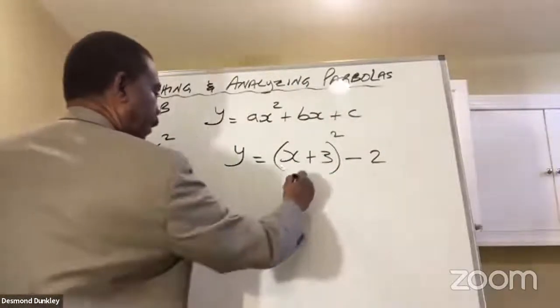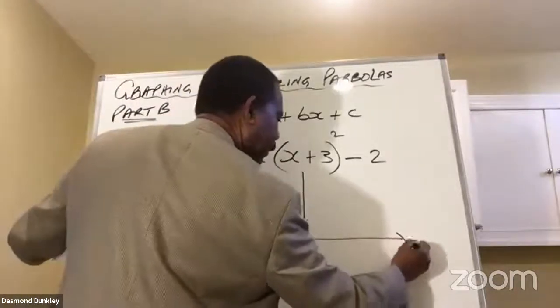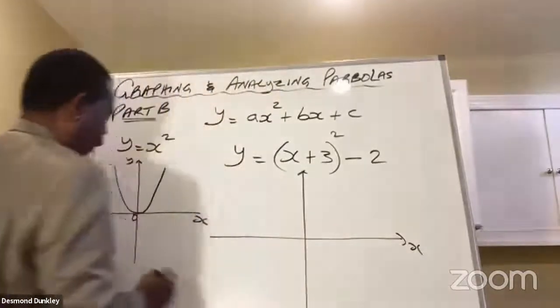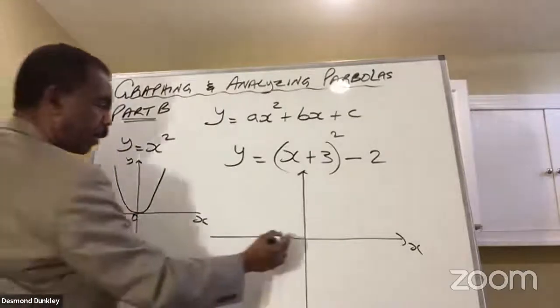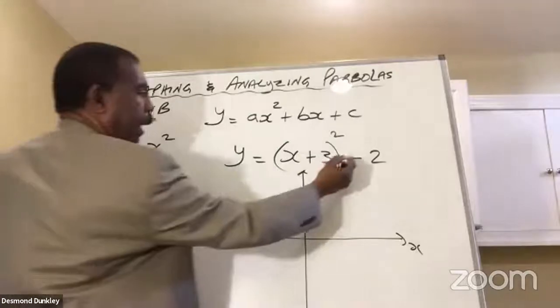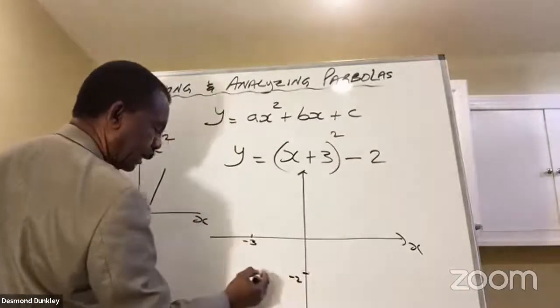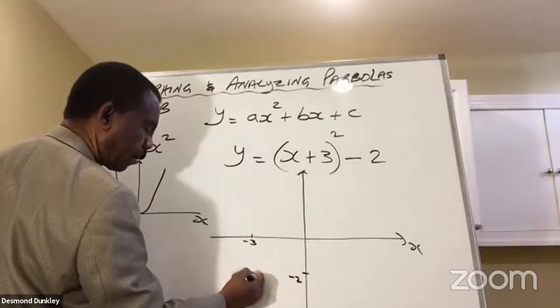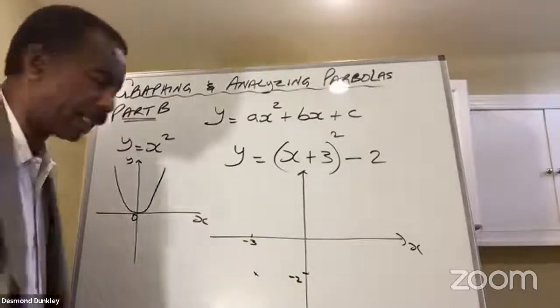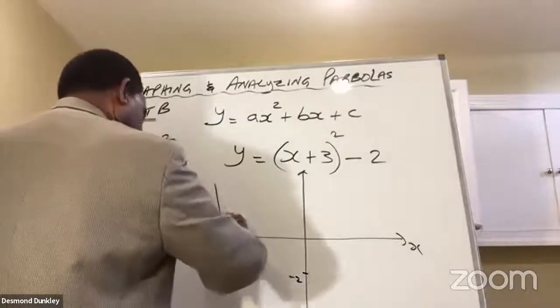So if this is your y-axis and this is your x-axis, instead of starting at the origin, you're going to go 3 here, negative 3, and 2 down. And this is where your vertex or turning point is going to be. So your graph is going to end up looking something like that.